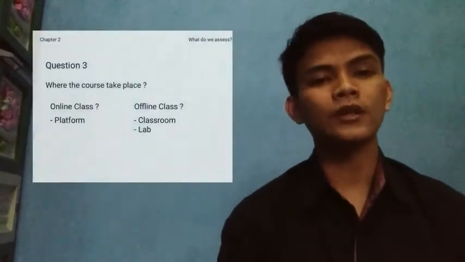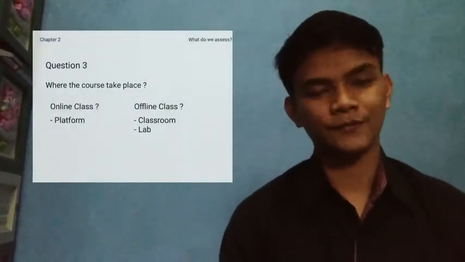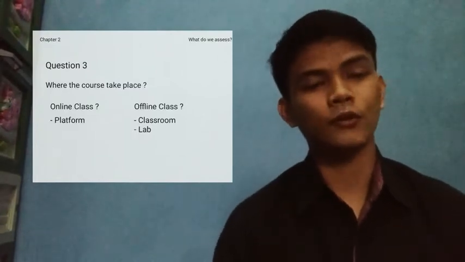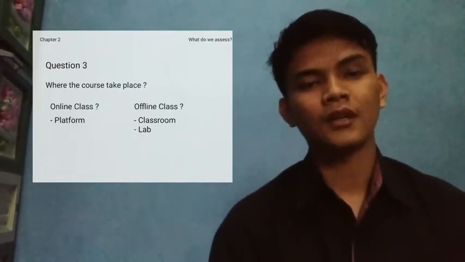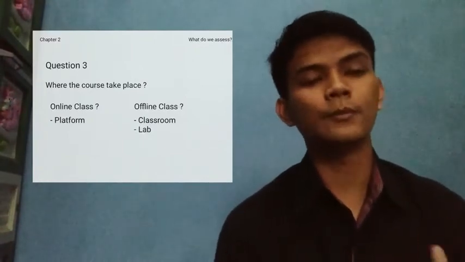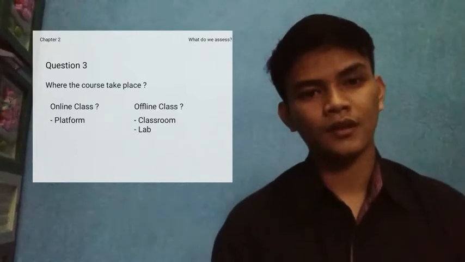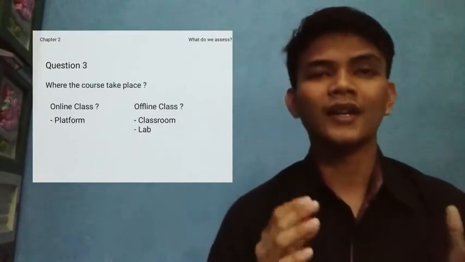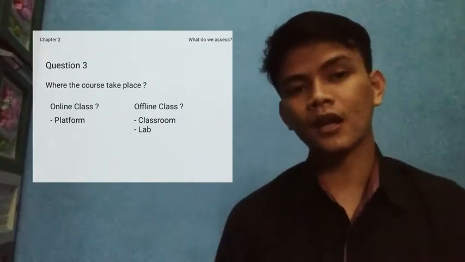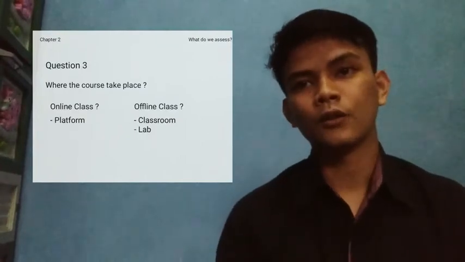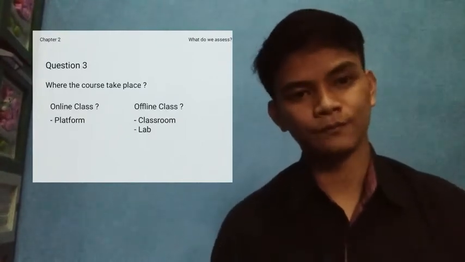And the third question in the first step is, where will the course take place? In this part, we decide where we do the learning process or the learning activity. It can be in the lab or in the classroom. It depends on the material, and it must be adjusted to the situation. So it can be an online classroom or an offline classroom. If online, of course, we need a platform.